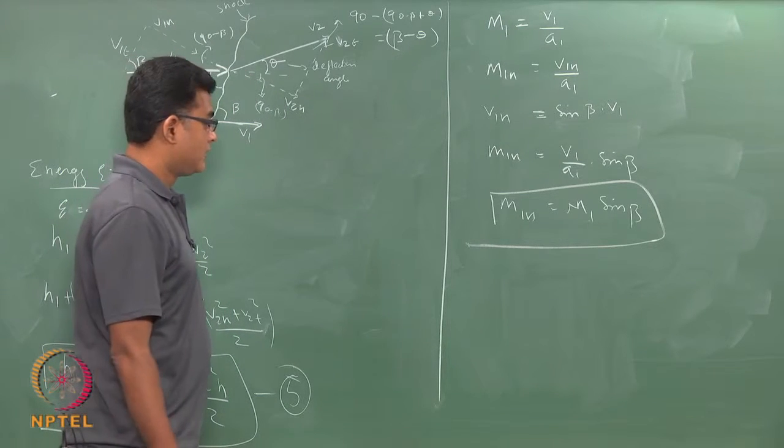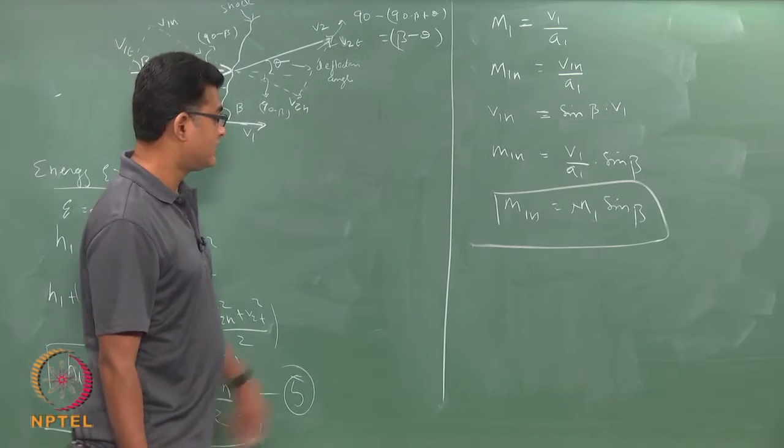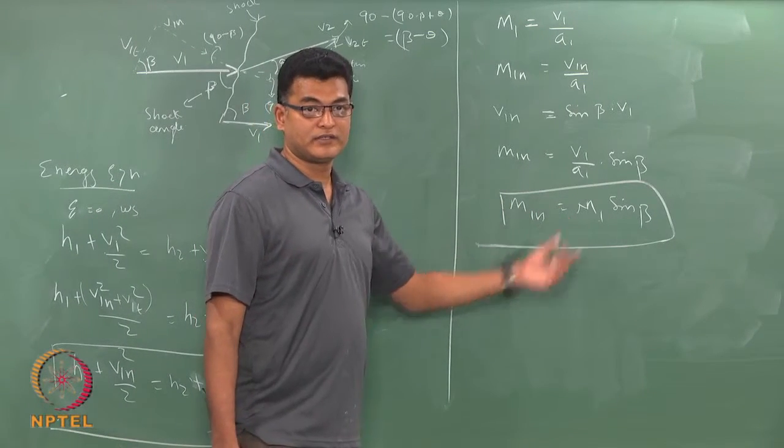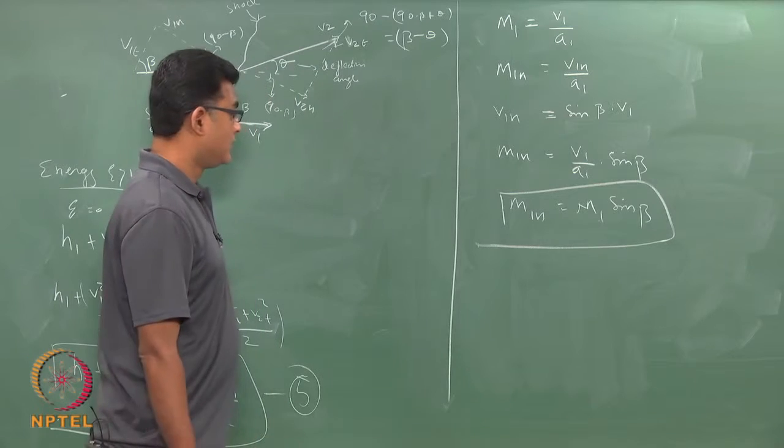Now, from normal shock we know that this has to be greater than 1 to have a shock.